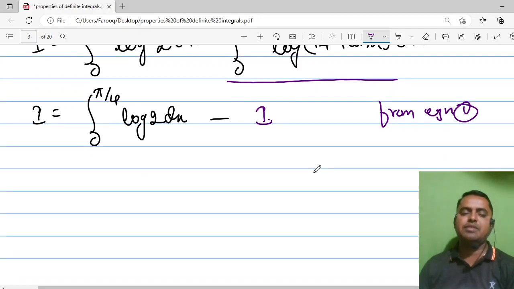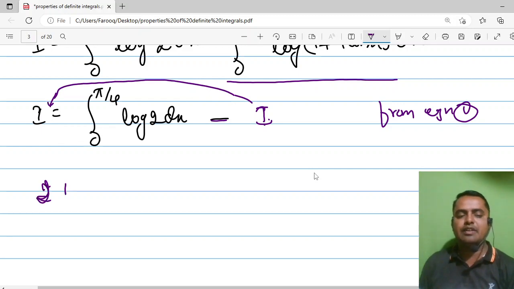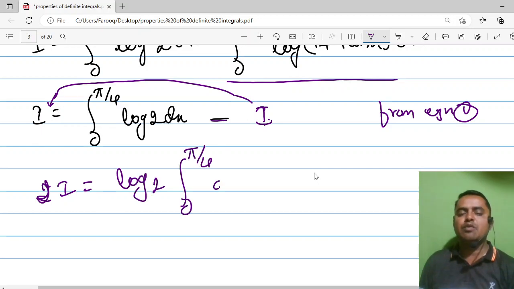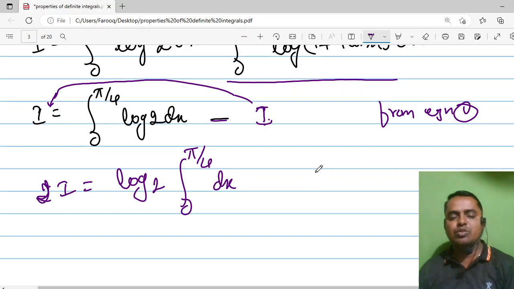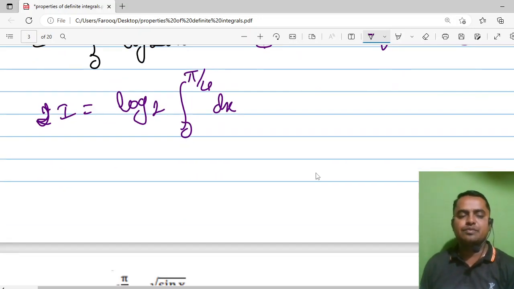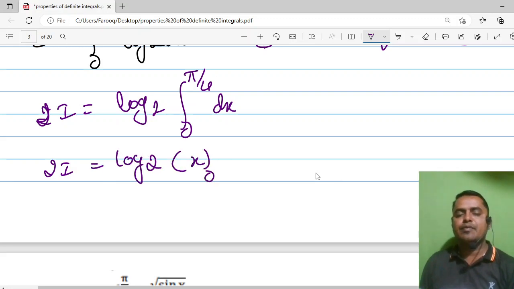Next, this minus I I am taking to the left hand side. It will become plus I. I plus I is 2I. Now this log 2 is constant, take outside, integration of dx from 0 to 5 by 4.